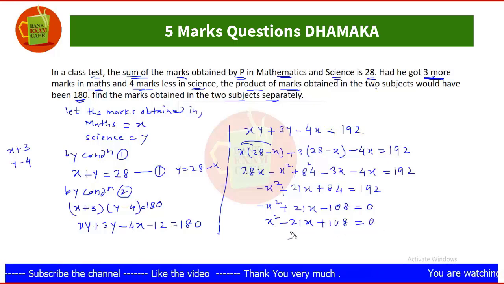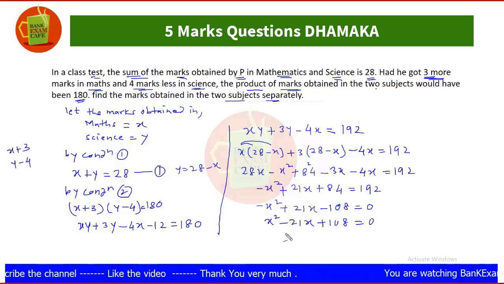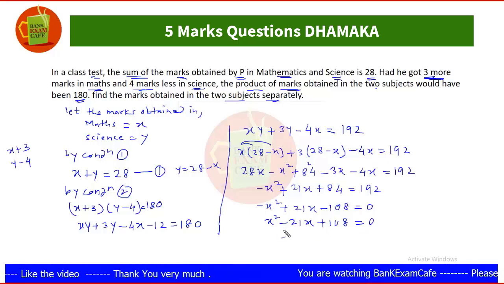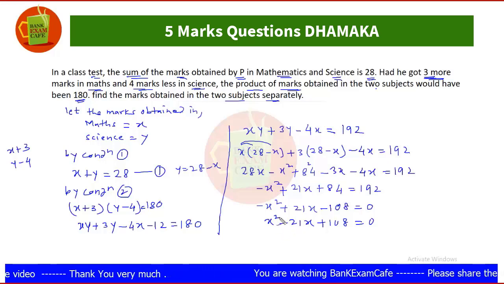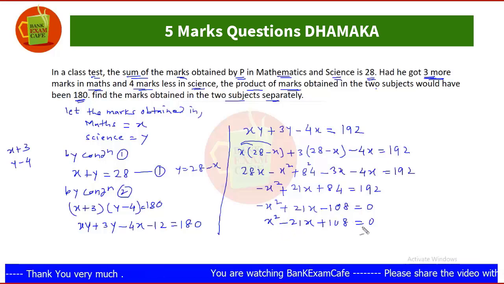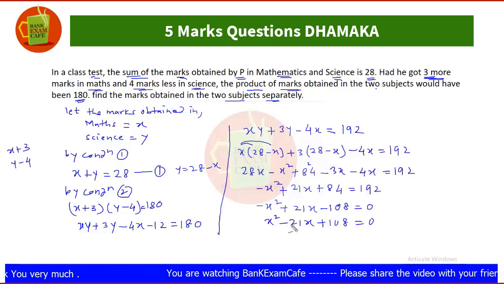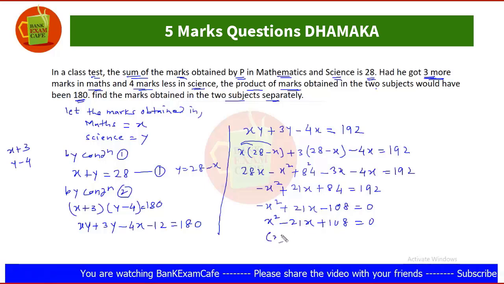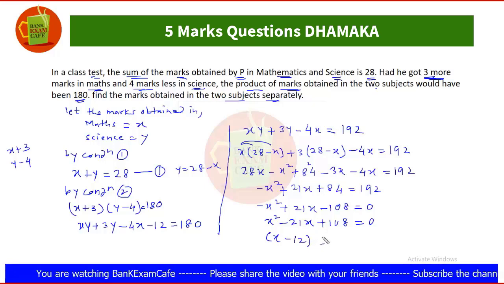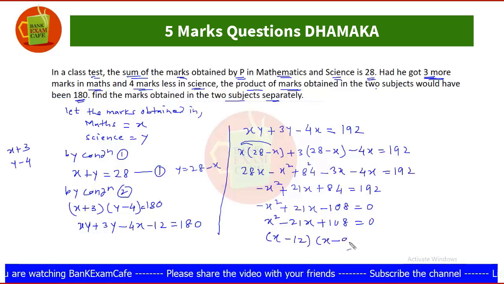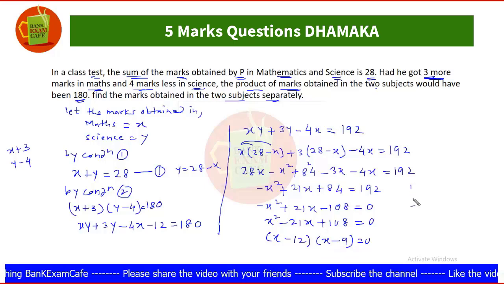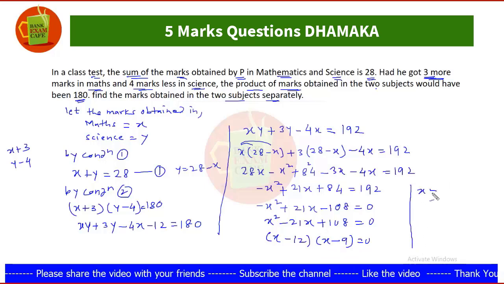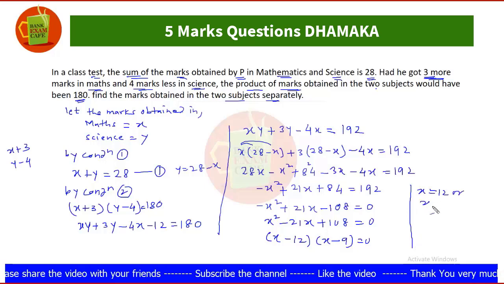And now solve this by splitting the middle term. So factorizing it, you will get the two factors as 12 nines are 108, and 12 plus 9 is equal to 21. So the factors will be x minus 12 and x minus 9, which is equal to 0, and therefore x will be equal to 12 or x will be equal to 9.